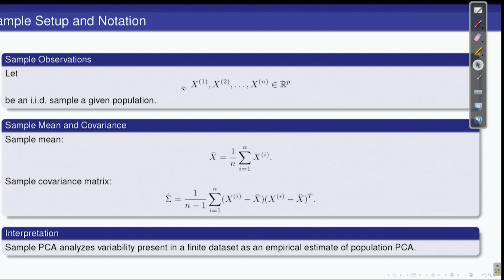The sample mean, as we have talked, is just you add the values and divide by the number of observations, and we take the sample variance covariance matrix, the unbiased version of it. We discussed what a sample variance covariance matrix is for p dimensional data.